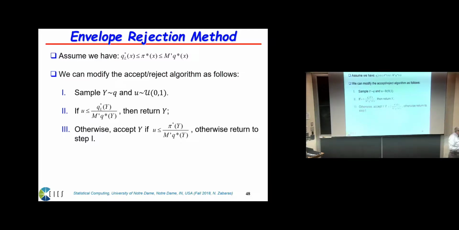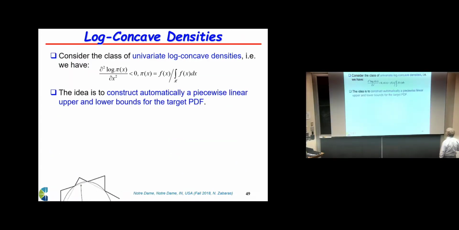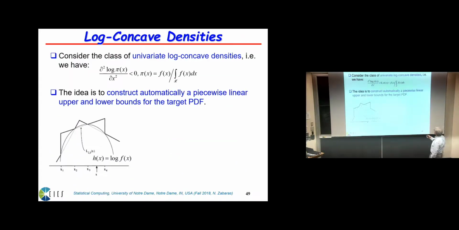And you may say, how do you bound the distribution from above and below? I'm going to give you this in a graphical way. This only works, I suppose, for univariate distributions. I'm going to use it for distributions that have log concave densities, okay?